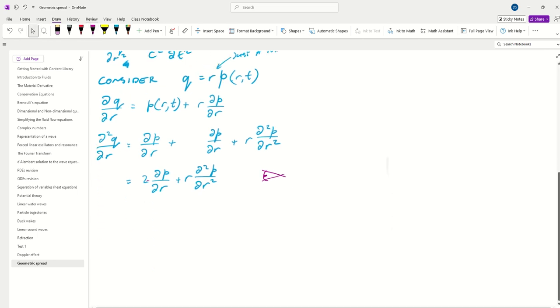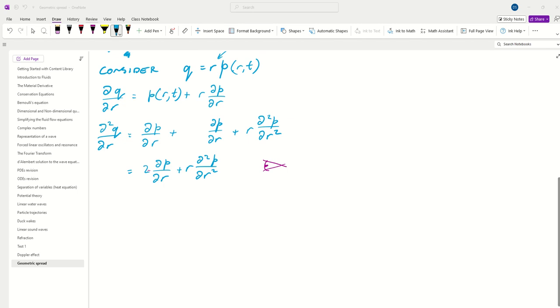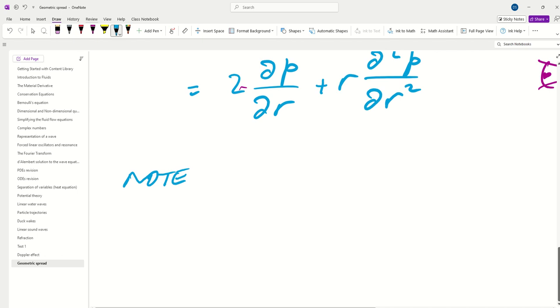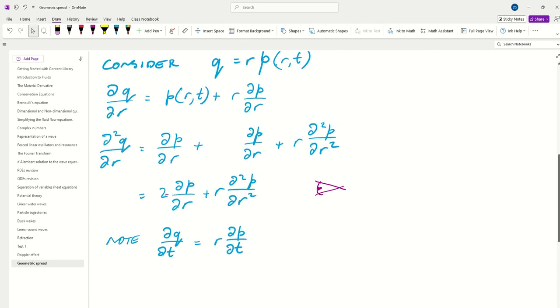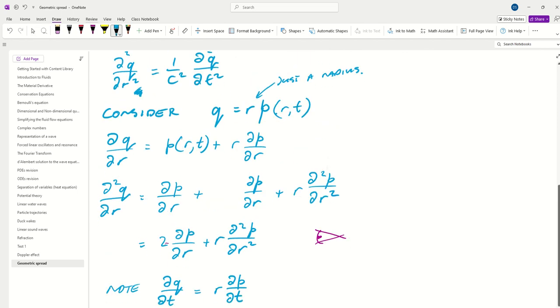However, if I note dq/dt equals r dp/dt, because q is just r times p, but r is a constant relative to this d/dt operator. So r is just a function of radius. It's not a function of time.